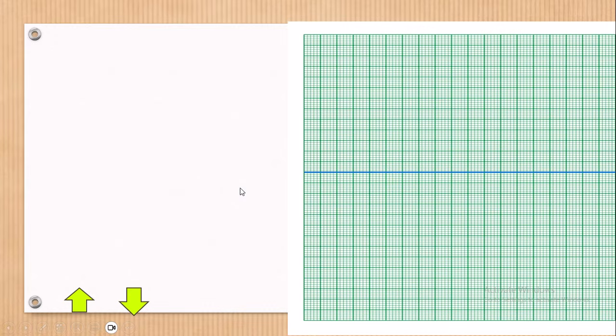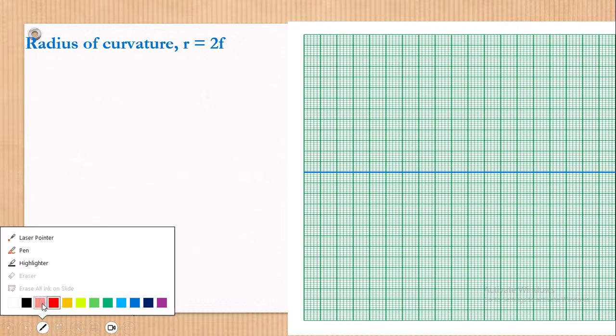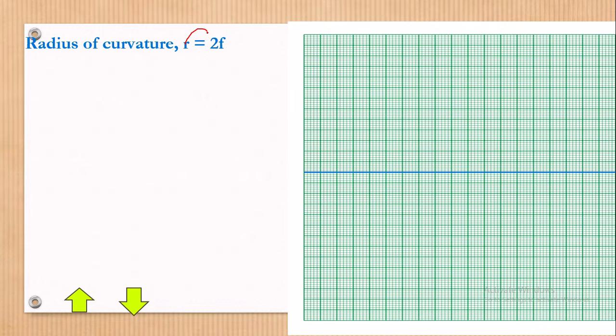First of all, that's our principal axis, which we're going to use. We're going to put everything on the graph there. So let's start writing here. First of all, we know that the symbol for radius of curvature is small r, and it is equal to 2f.